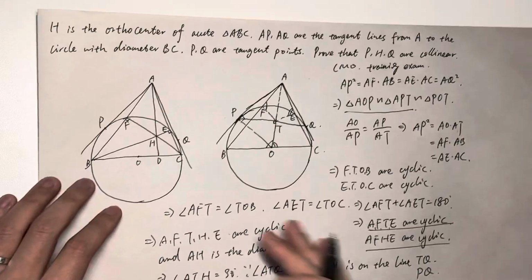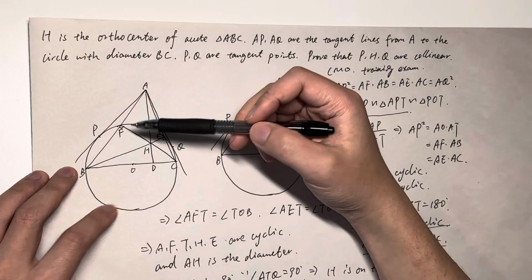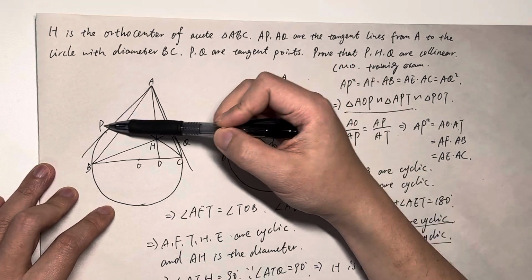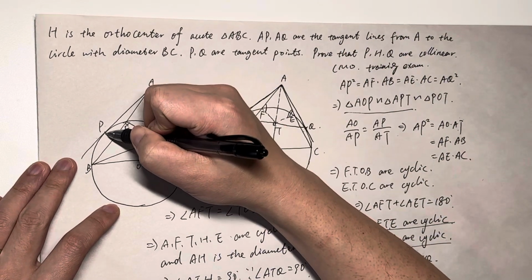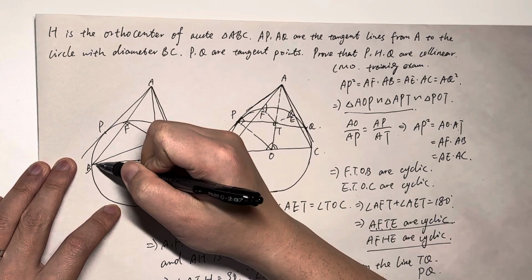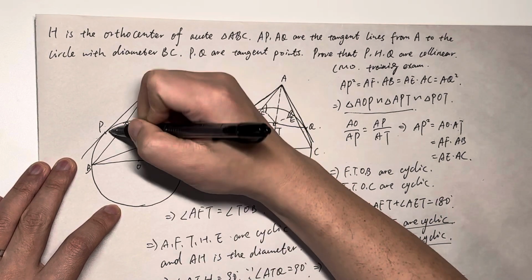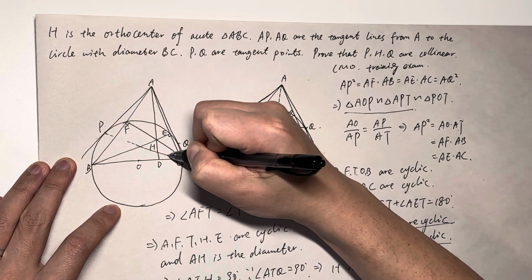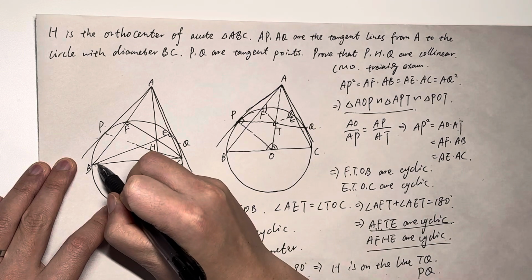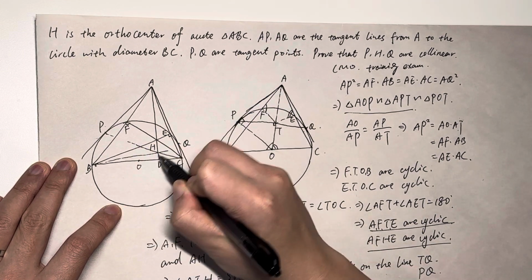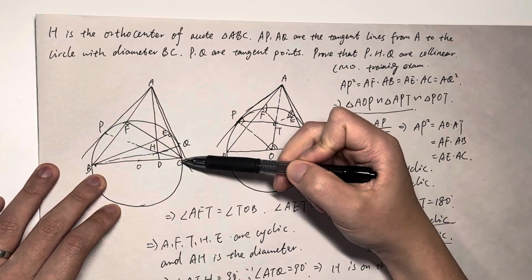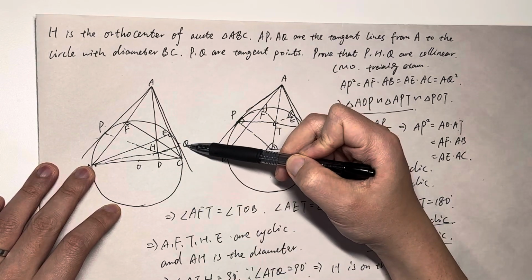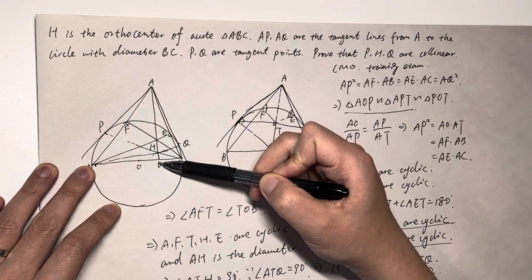For example, we've seen that PQ is a tangent line, right? So actually, if I connect P to C and I connect B to Q, you can actually prove that PC, BQ, AD are concurrent, right?